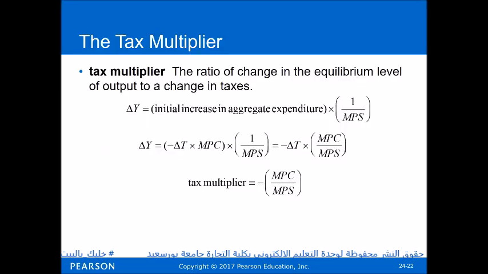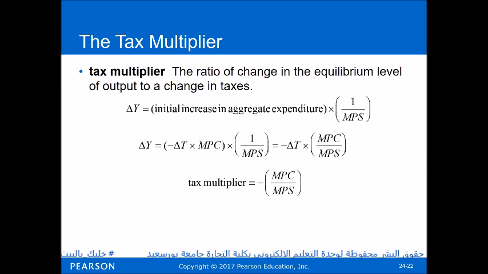The tax multiplier. The tax multiplier is the ratio of the change in the equilibrium level of output to a change in taxes, or simply the tax multiplier equals delta Y divided by delta T multiplied by -1.